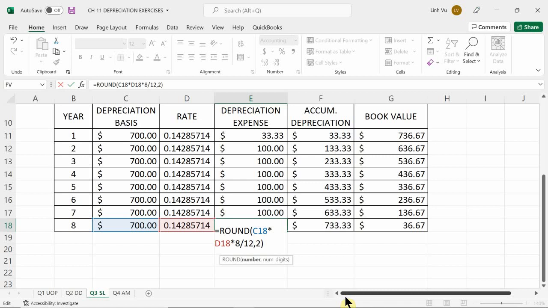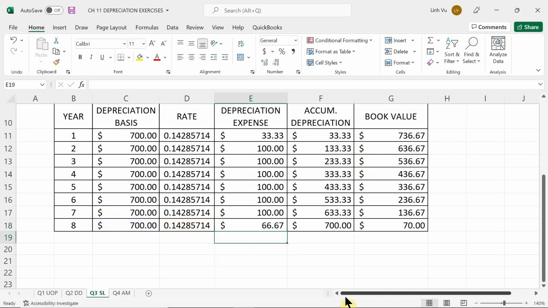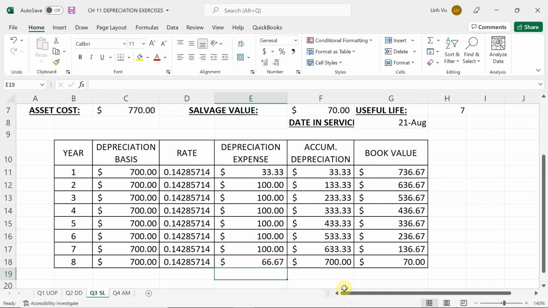So 8 divided by 12, you're going to get 66.67, which is going to give you your total amount of depreciation so the book value equals the salvage value of 70. So that's what you have to do. We always have to make it to the salvage value.